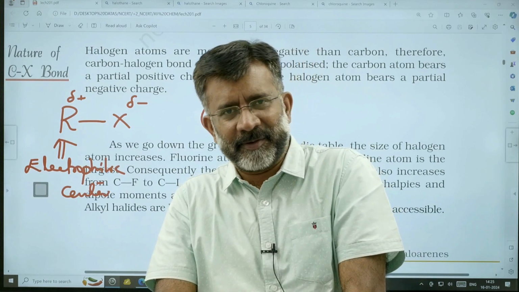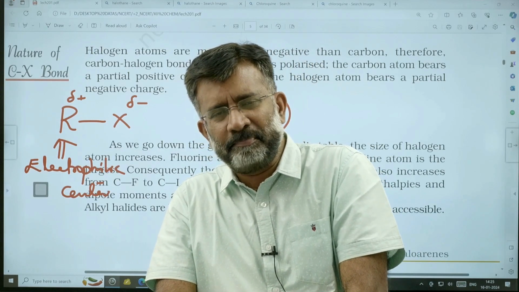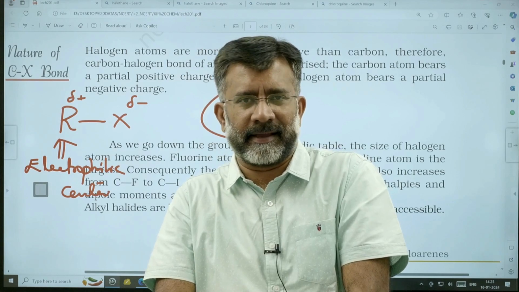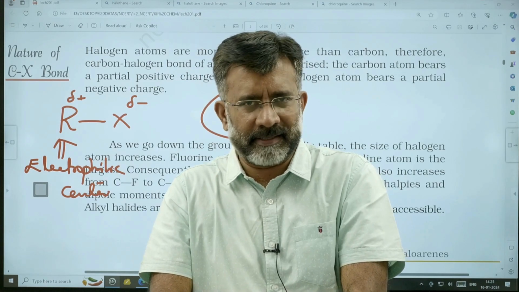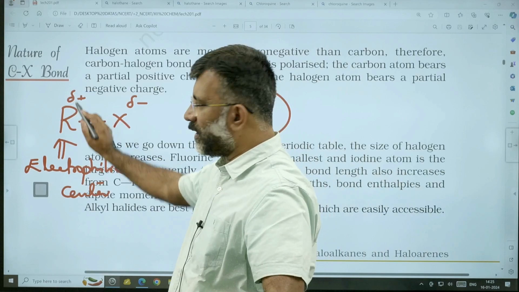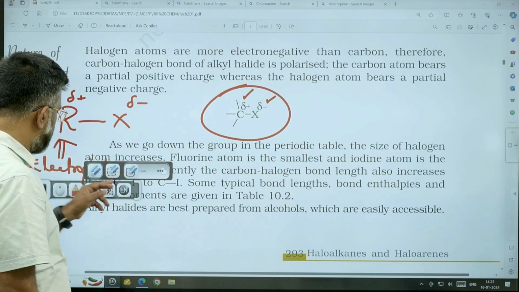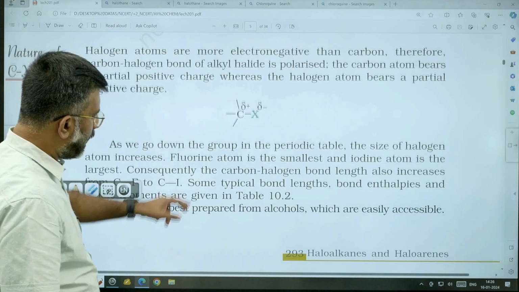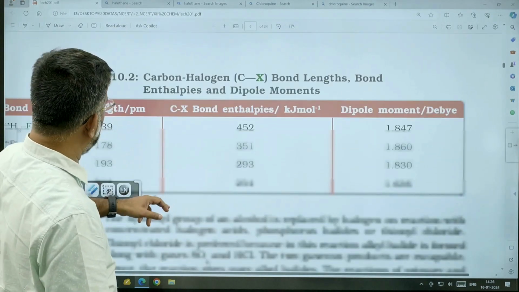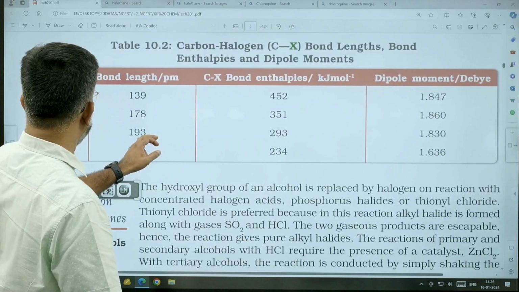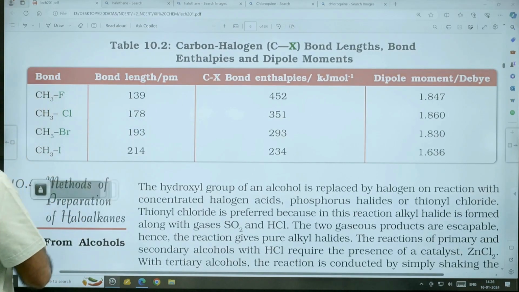The reactions given by alkyl halides are typically the so-called SN reactions, because of this polarity. And we have a tabulated arrangement regarding the dipole moment and characteristics of the halogen compounds, and this table is very important.